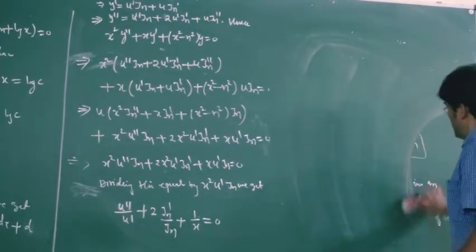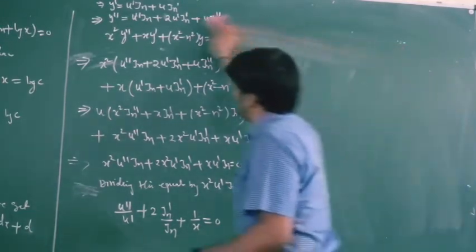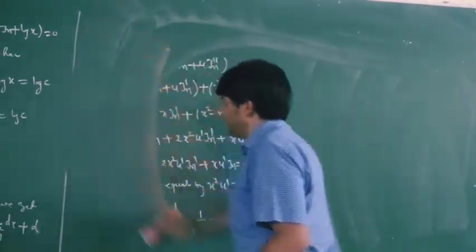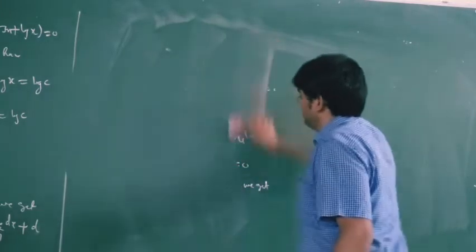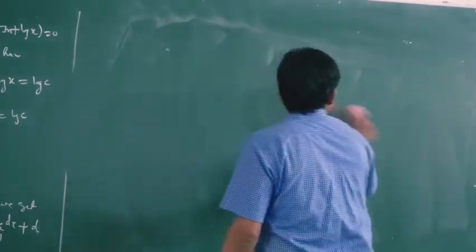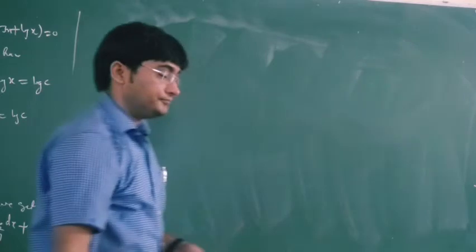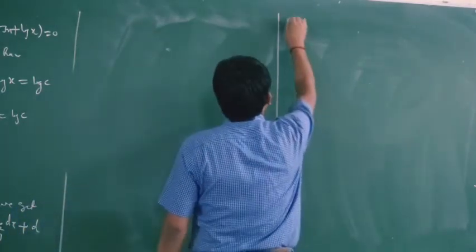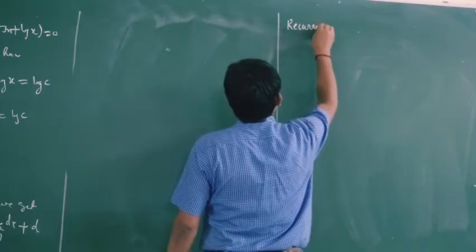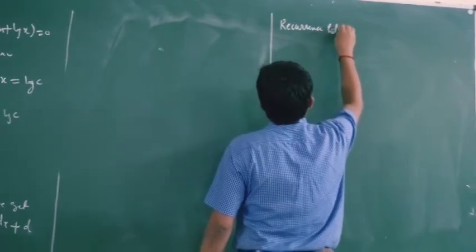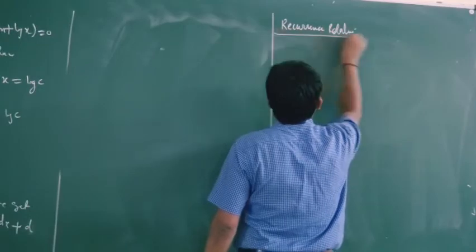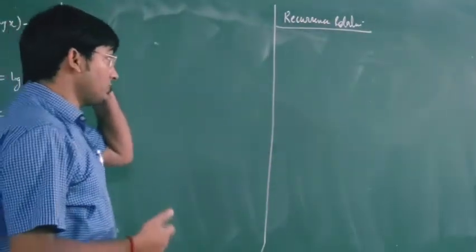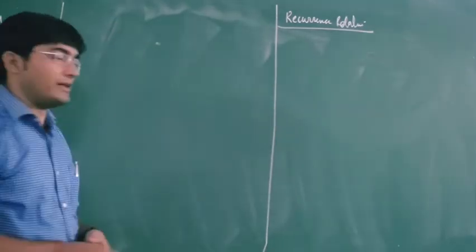Now we will prove the recurrence relations of the Bessel function. Recurrence relations are very important for the Bessel function, because with the help of these recurrence relations we can solve many problems.